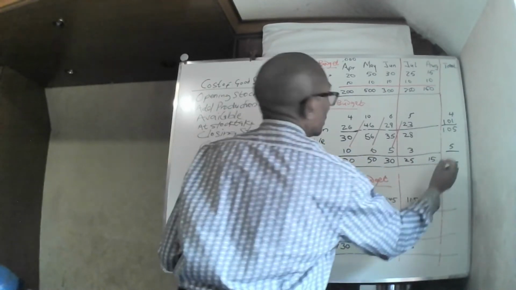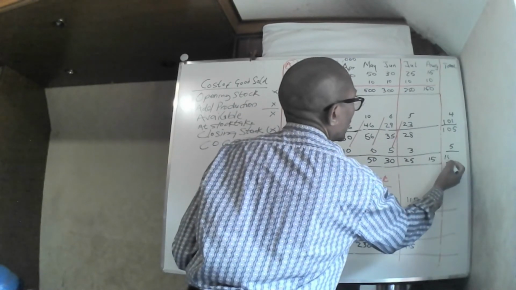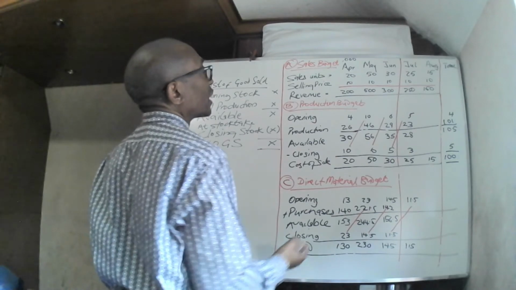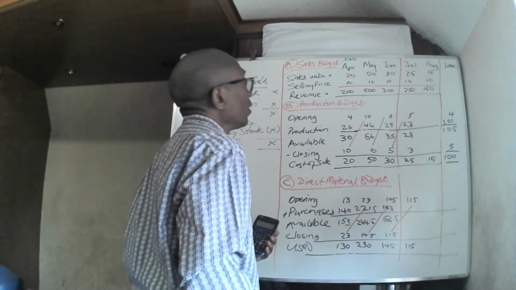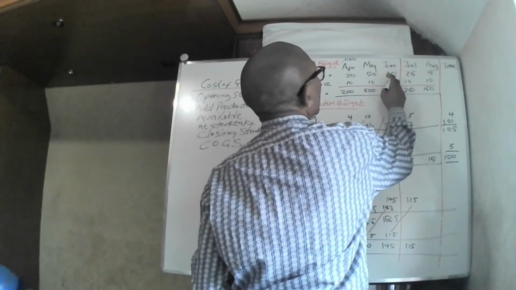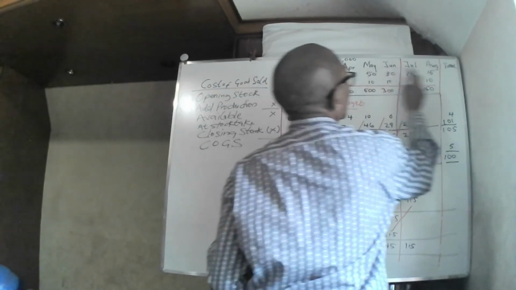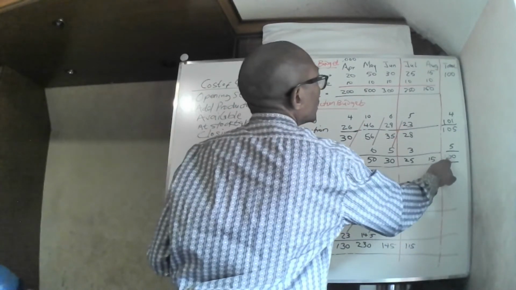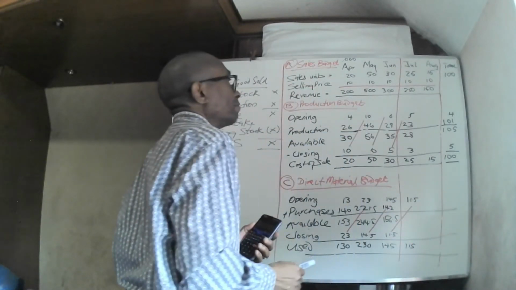Deduct closing, so it means 100 was the cost of goods sold. Are we right? We can confirm that by adding 50 plus 30 is 80, plus 20 is 100. That confirms this figure. All right.